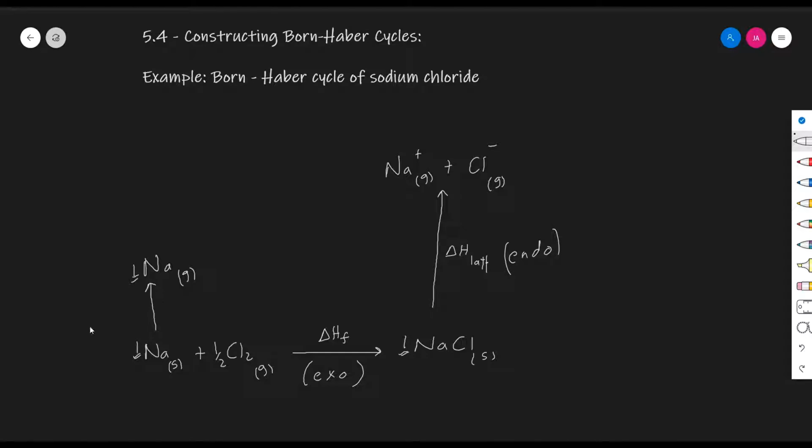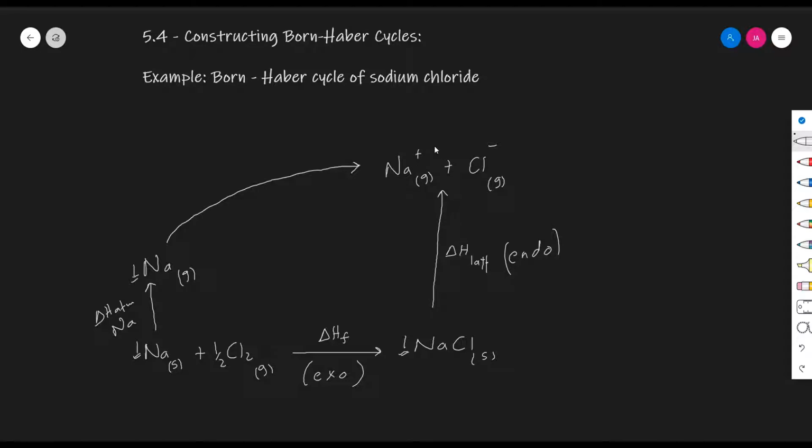Thus this process would represent the delta H atomization of sodium, which is an endothermic process. And once I have gaseous atoms, I can convert them into gaseous ions by ionizing them, according to the definition.